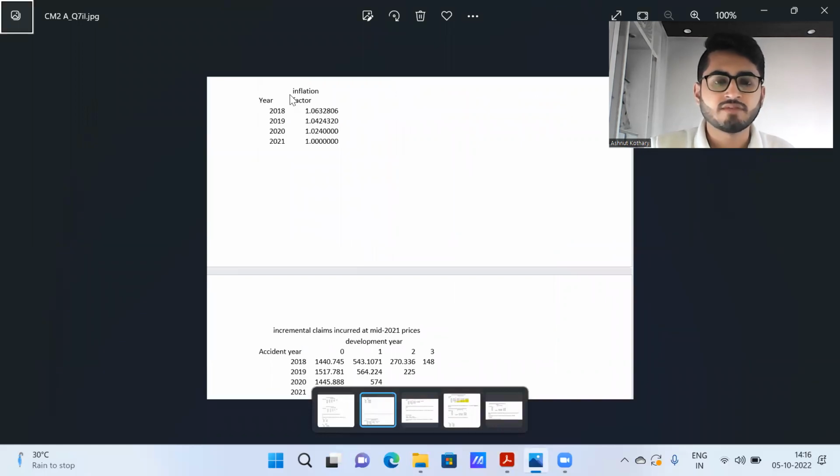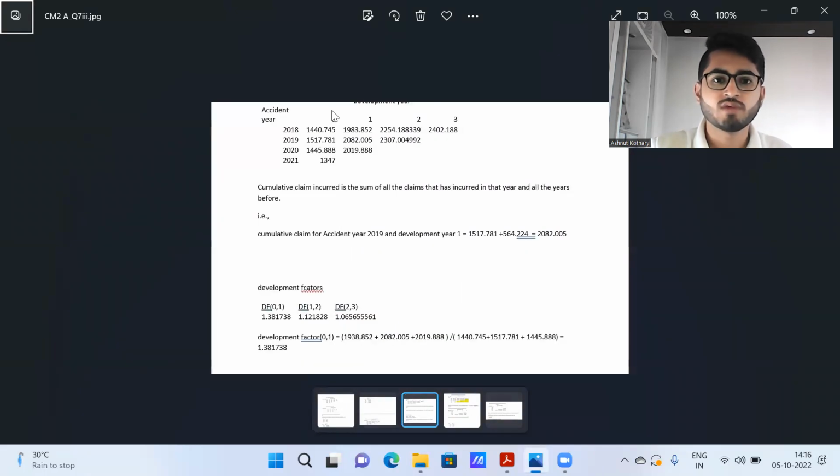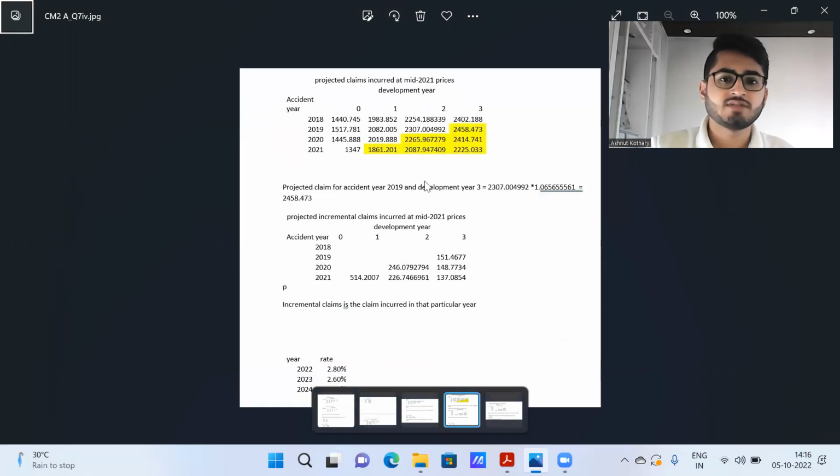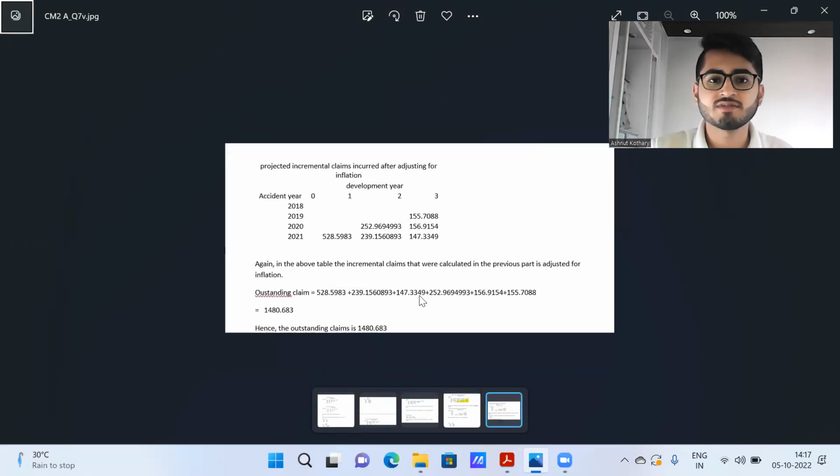Next, inflation factors have been calculated. Incremental claims incurred at material development prices. Then the cumulative table has been found. Then the associated development factors have been calculated. Next, we have projected the amounts. Next, we have found the non-cumulative amounts. Then we need to adjust it for future inflation as well. So after adjusting for future inflation, this comes out.